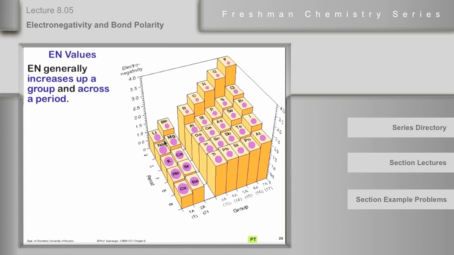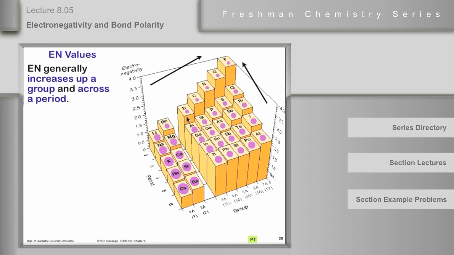Here are the electronegativities of the main group elements, all except for hydrogen here. And I think you can see that, the way he defined it, there is a real nice, simple, increasing trend from bottom to top of each one of the groups, and also increasing from left to right across a period.